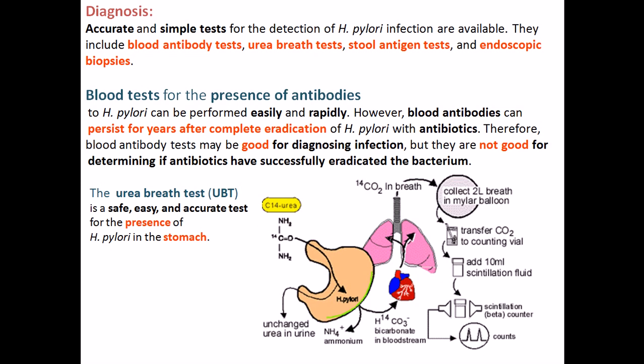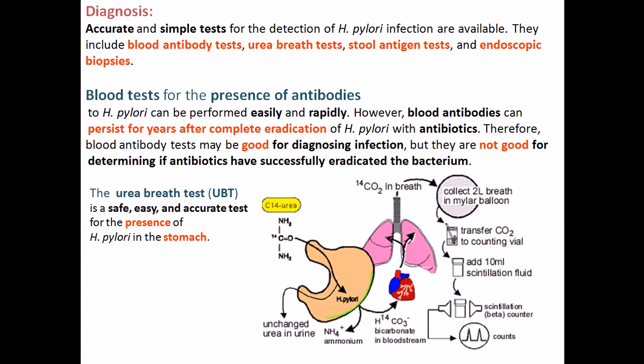So they are good for diagnosing the infection, but they are not at all good for determining whether the antibiotic worked properly or not, because even if the antibiotic works and the infection is eradicated, you are still going to find a lot of antibodies in your blood several years after completion of the therapy.